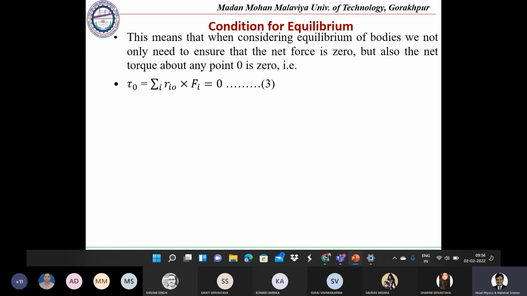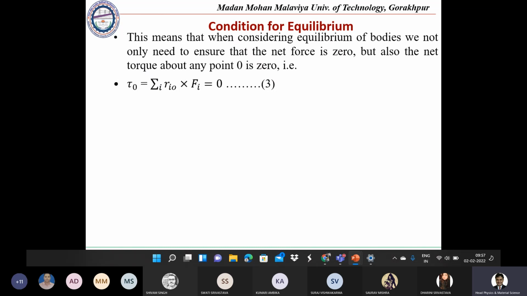equilibrium. But if we have the extended objects, then in that situation, not only the summation of the force acting on that extended body should be equal to 0, but the torque or the moment of the force should also be 0 in that particular system or in that particular extended object.